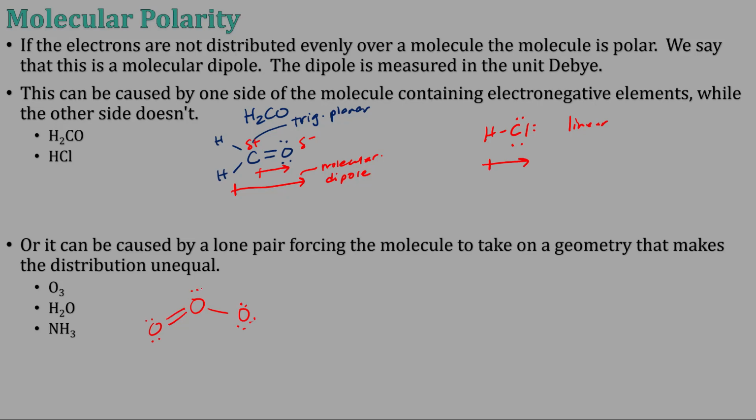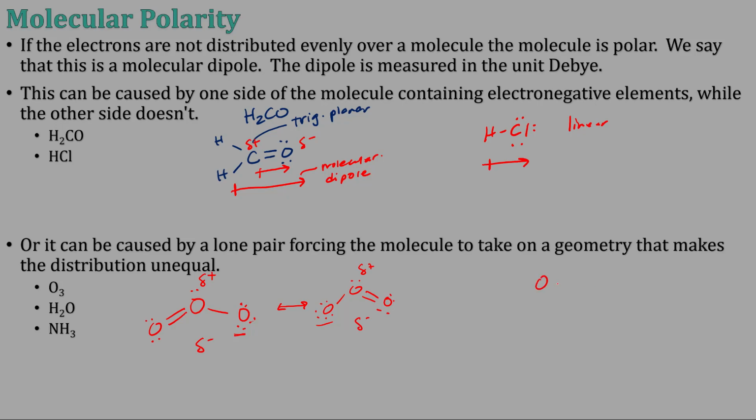But in reality, we do see quite a bit of dipole. And it's because of the uneven distribution of electrons. So this oxygen down here on the bottom has a lot of electrons, and it would be in resonance with the other one. Because of all of this negative charge down here, the bottom would be slightly negative while the top is slightly positive.